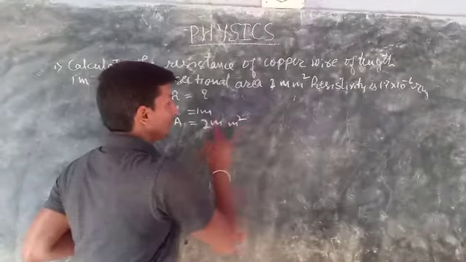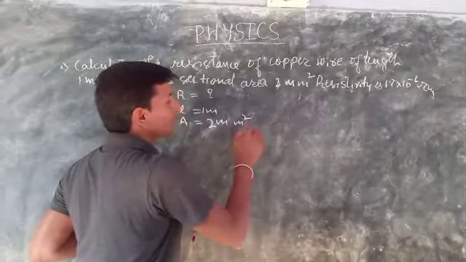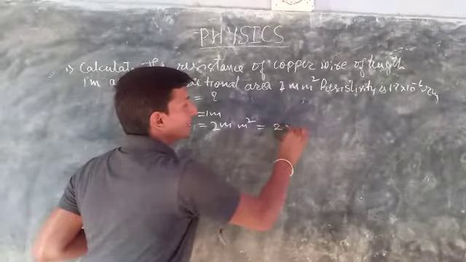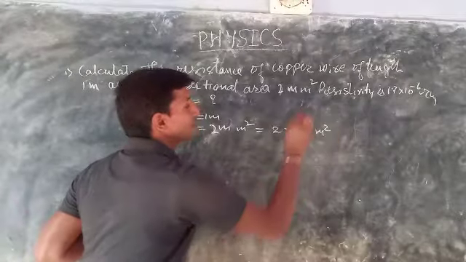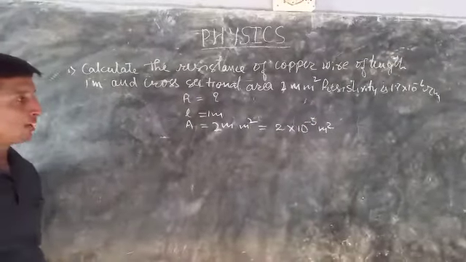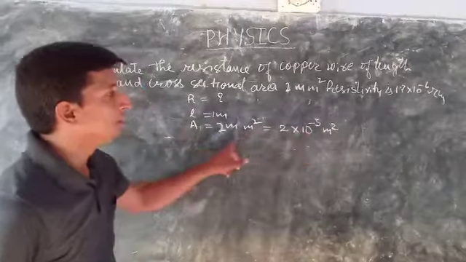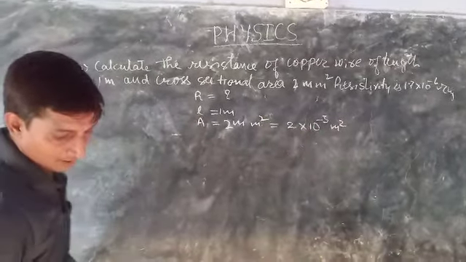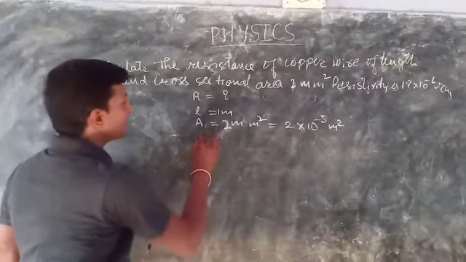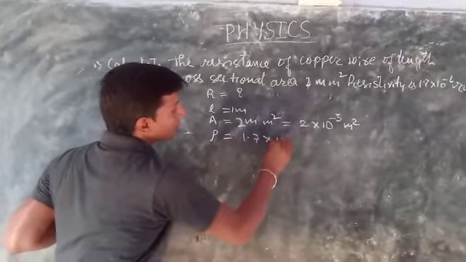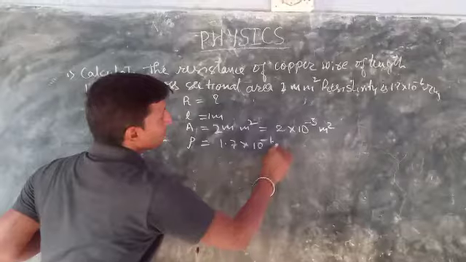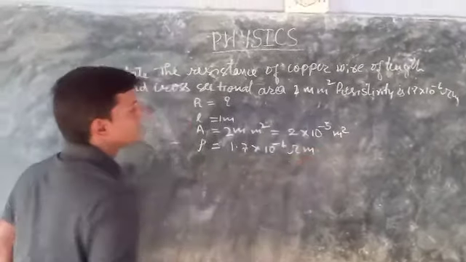So we will change this mm square to meter square, then it comes 2 into 10 to the power minus 3 meter square. And resistivity rho is given in the question, 1.7 into 10 to the power minus 6 ohm meter.